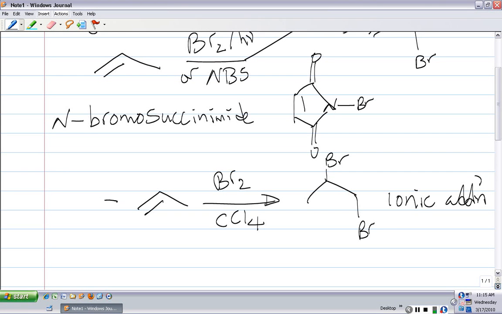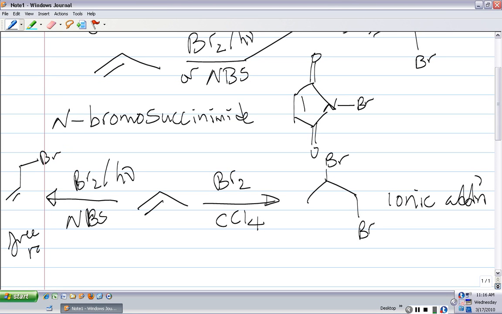But if I use the same bromine, but this time do it under free radical conditions, so say bromine in light, or, as we said, NBS, what you generate is the allyl bromide. And this, in fact, is essentially free radical substitution.